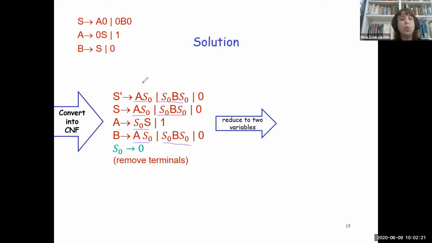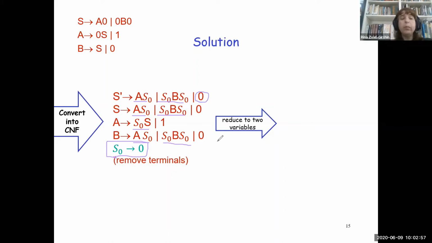So I had the rule S cap derives A0. Now I rewrite it as A S0, a new variable, where from S0 I derive a 0 sign. I had the rule 0B0, so now I replace it with S0BS0. The single terminal symbol is okay. And I do it for all the rules.